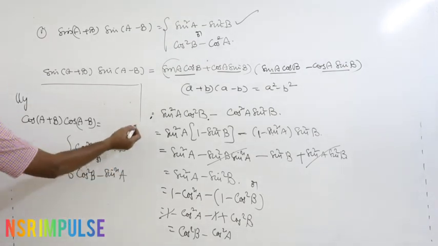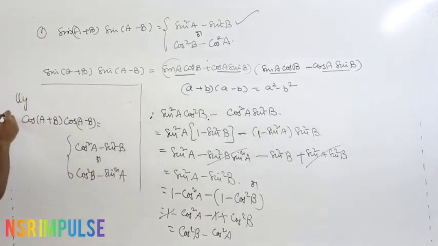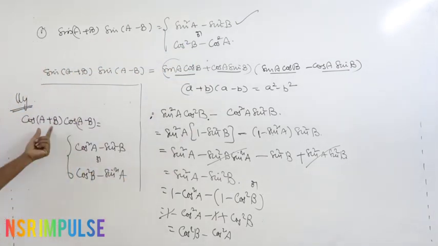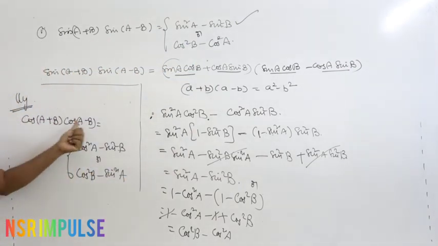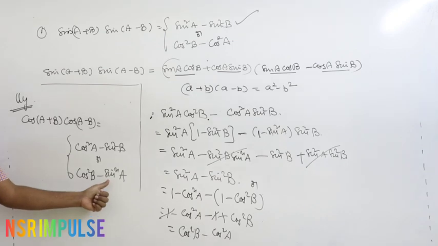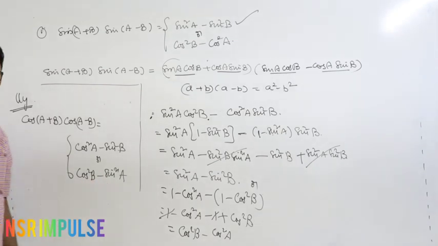So, just you have to prove this one. Already I derived the previous one, so just derive this one the same way. Cos of A plus B, cos of A minus B equals cos square A minus sin square B, or cos square B minus sin square A. Okay, thank you.